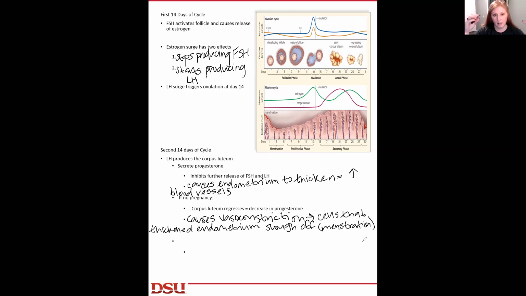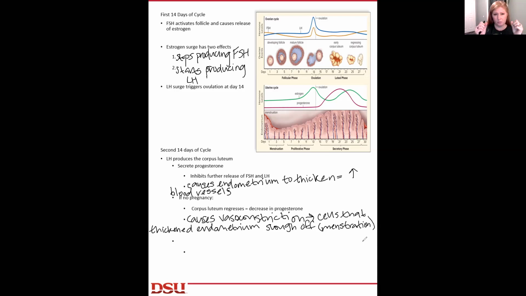So again, you have these changes happening in the endometrium with it becoming thicker and having a larger blood supply with the anticipation of having a fertilized egg implanted, okay? If that doesn't happen, then the corpus luteum begins to shrink, and that cuts back on how much progesterone is being released. And when that happens, we have vasoconstriction, okay?